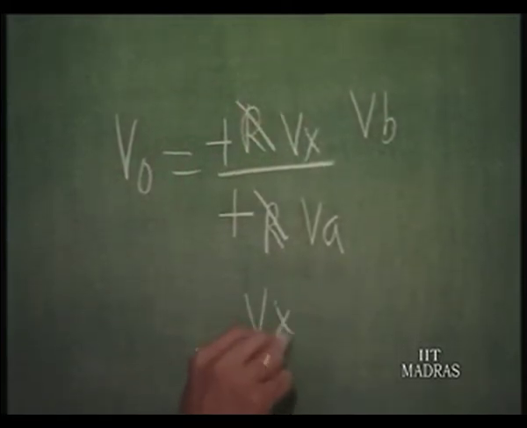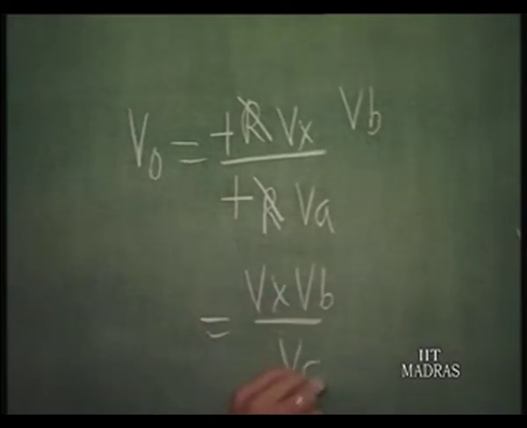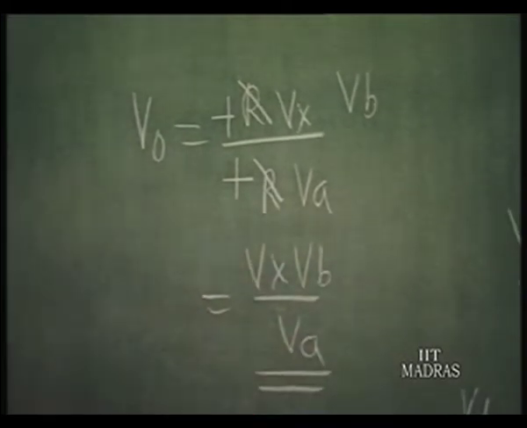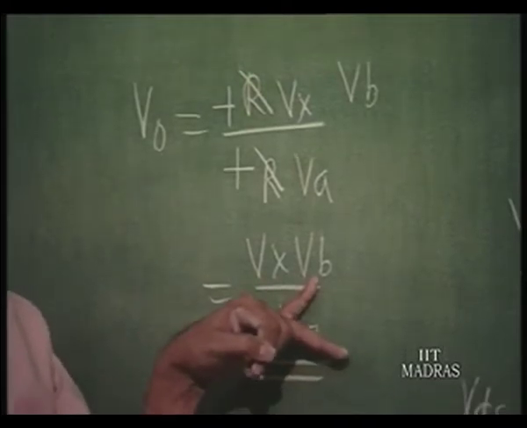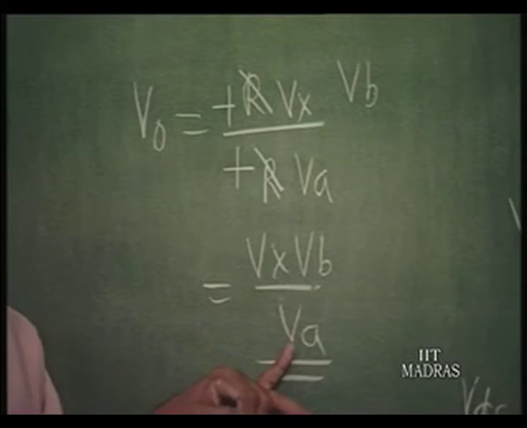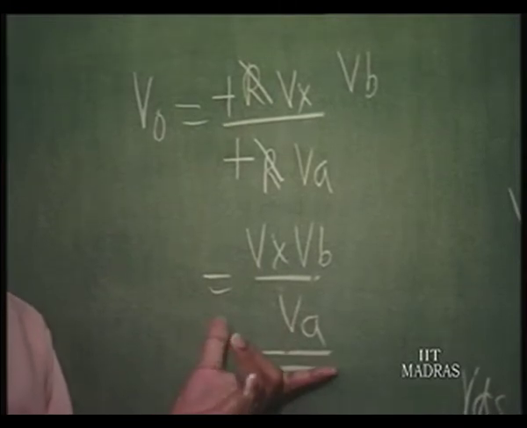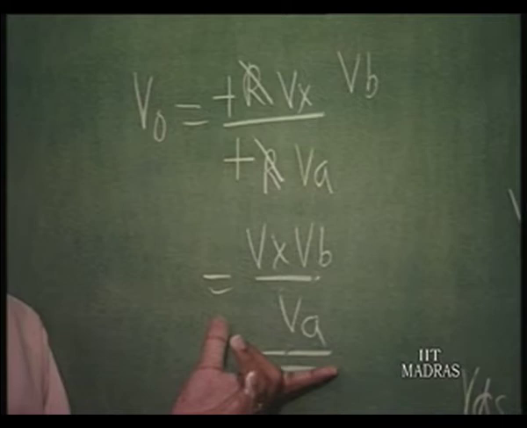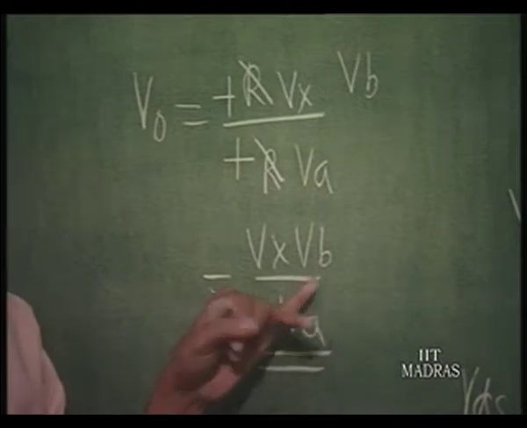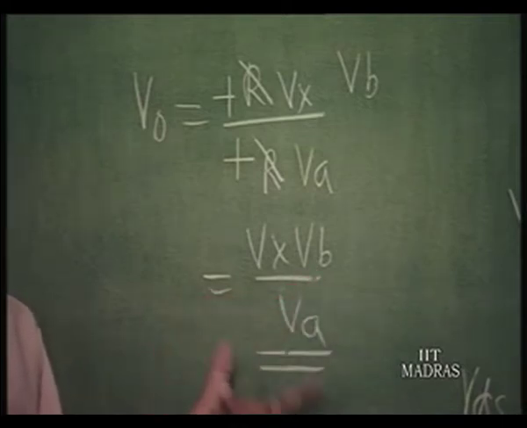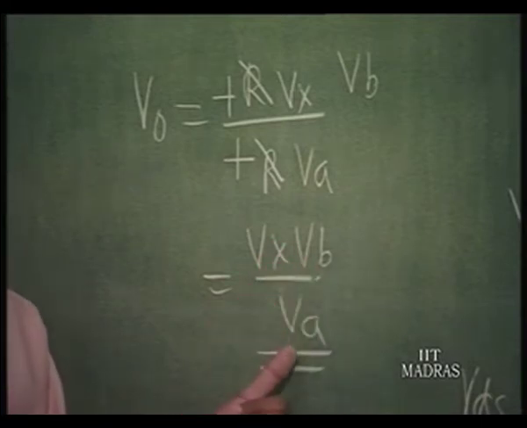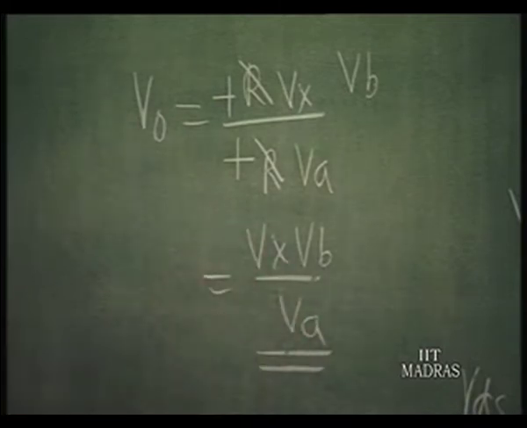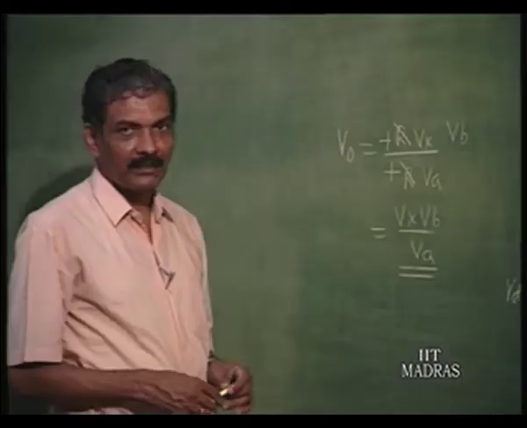So, you get Vx Vb divided by Va. So, if Vb is Vy and Va is Vr, we get a multiplier here. If Vb is Vr and Va is Vy, we get a divider.